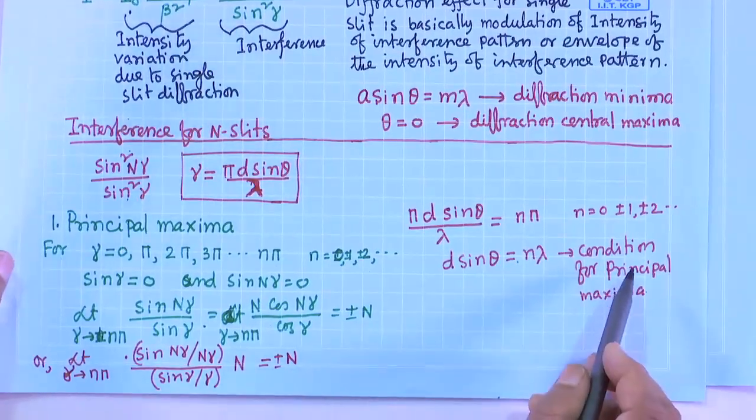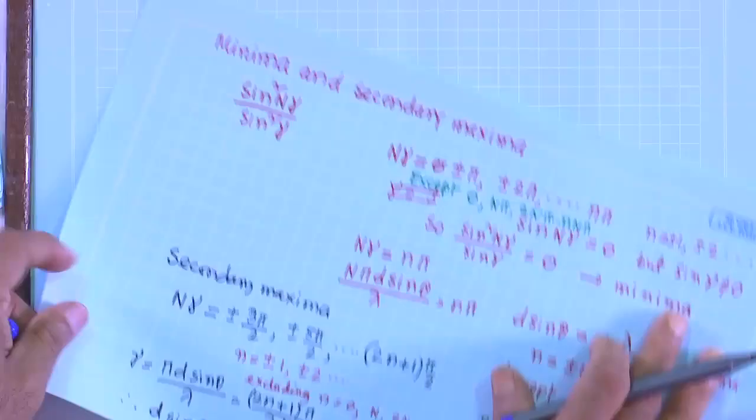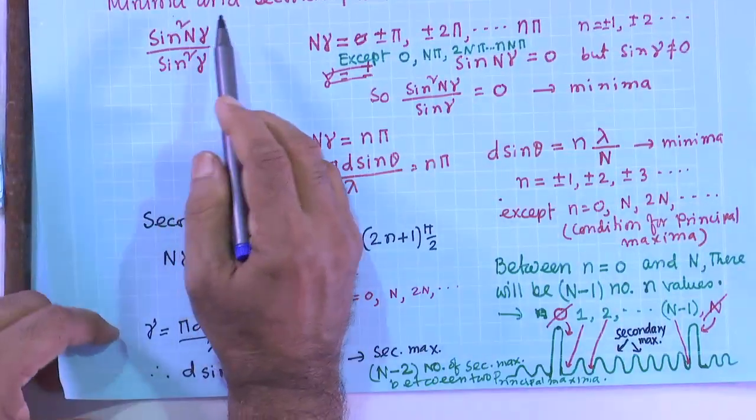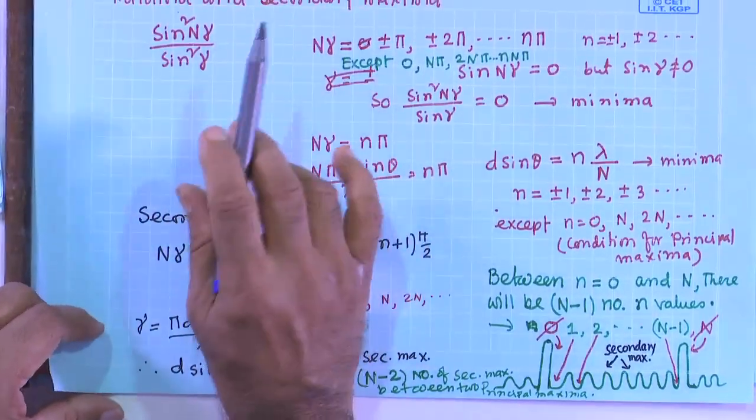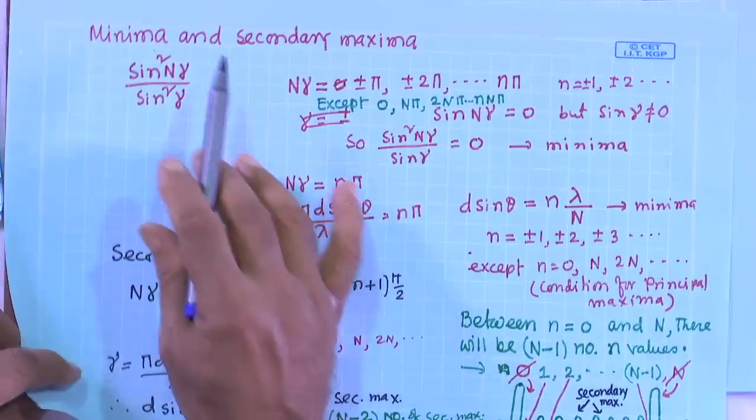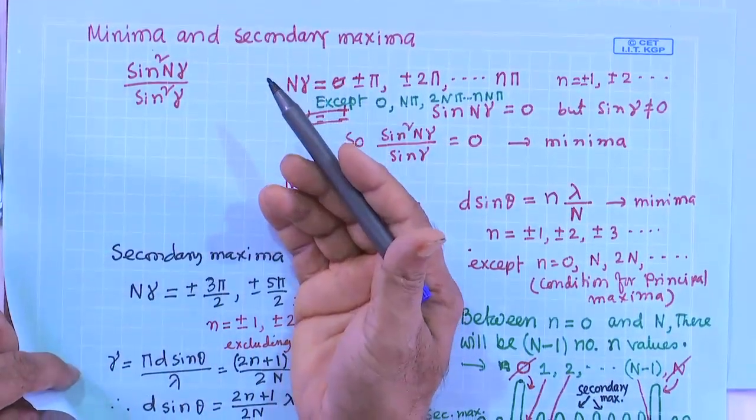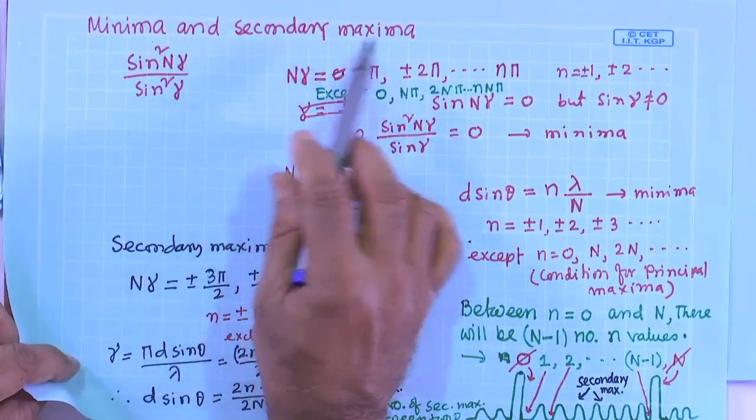This is the condition for principal maxima, and if you proceed, you will get minima. You have maxima, so there will be minima, and then there are also other maxima, which are called secondary maxima.